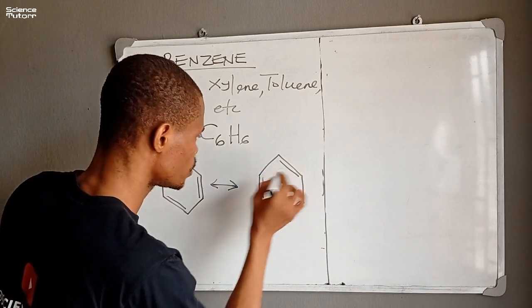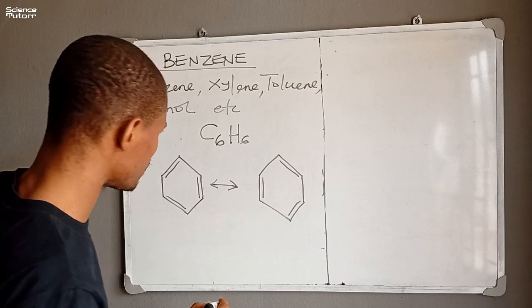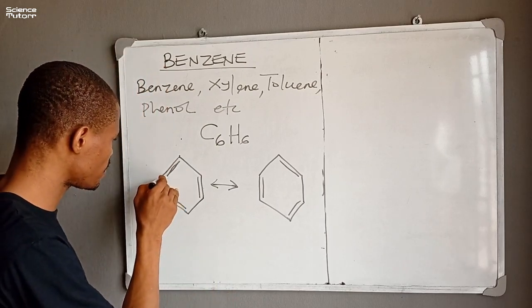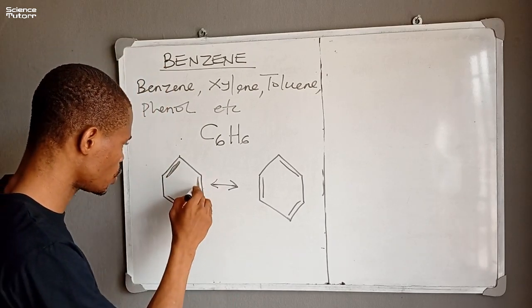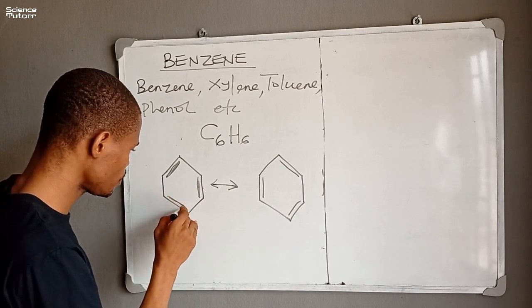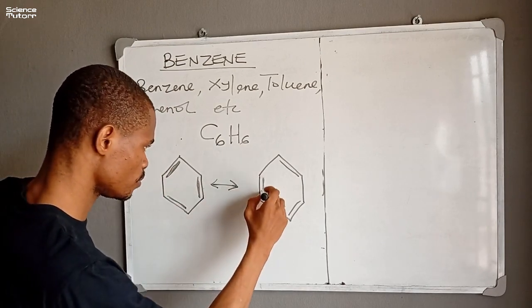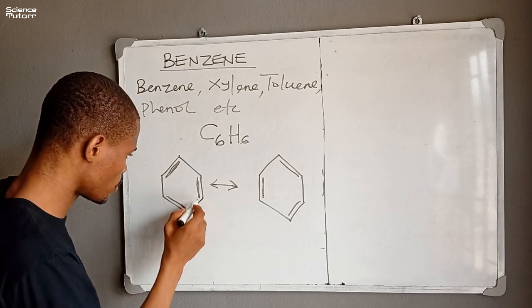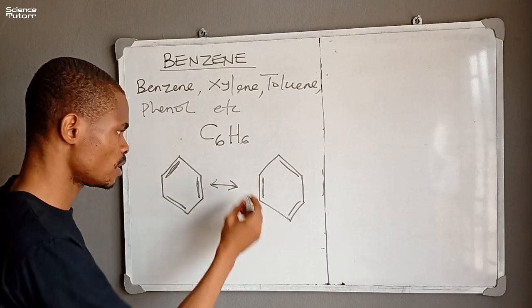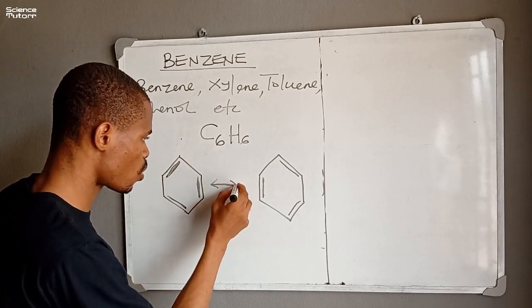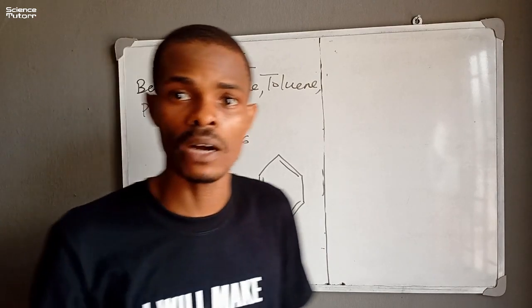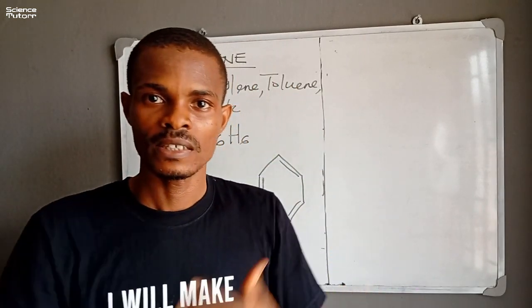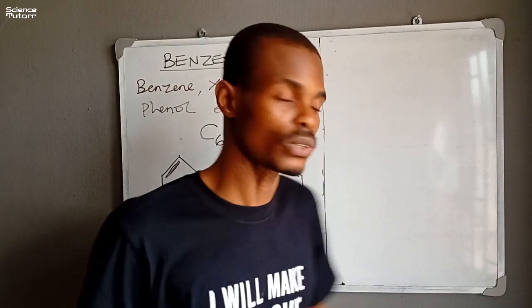When two structures are intermediate, it seems as if we have some sort of rotation in the bond, shifting: double bond, single, double bond, single, double bond, single, and then we have the word we call resonance. Resonance simply talks about structures that are intermediate in nature.